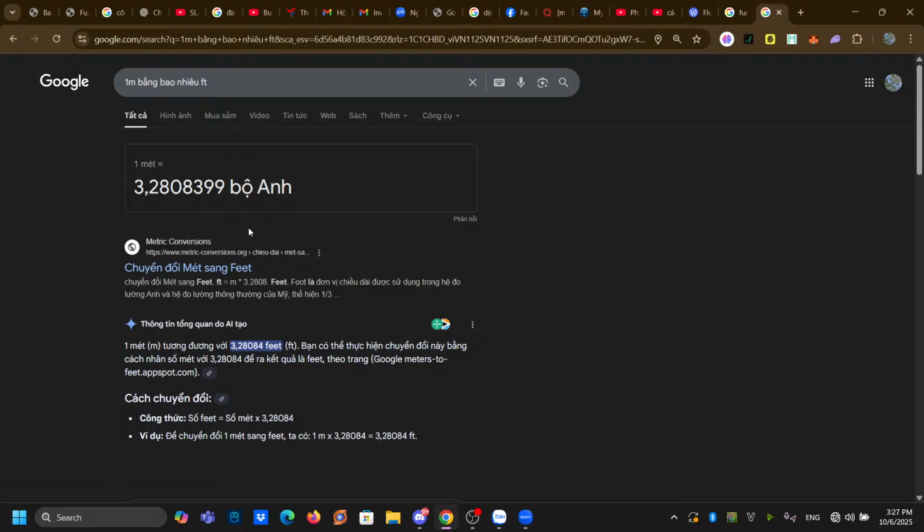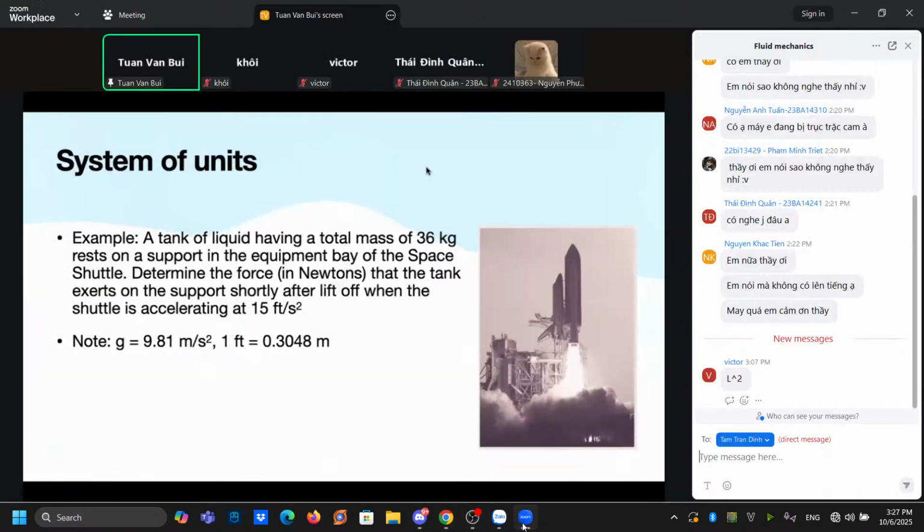Now let's try to do this exercise. This is where we will apply the conversion of the unit. We have a tank of liquid having a total mass of 36 kilograms pressed on a support in the equipment bay of the space shuttle. Determine the force in newtons that the tank exerts on the support shortly after liftoff when the shuttle is accelerating at 15 feet per second square.